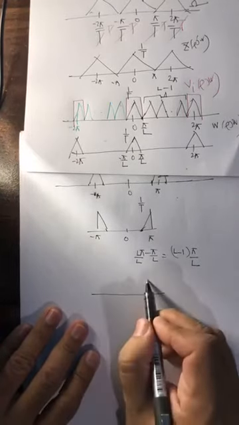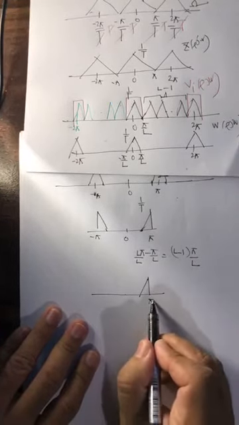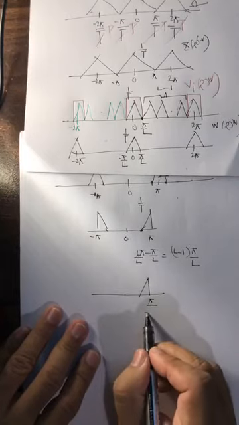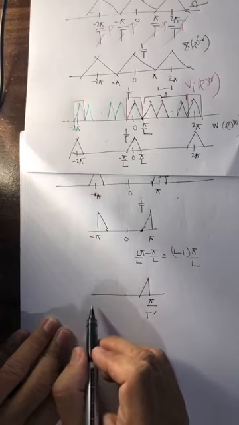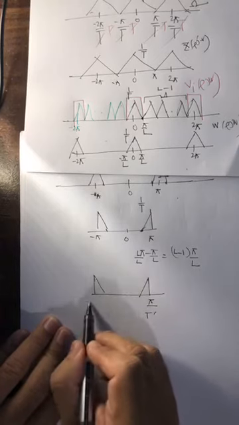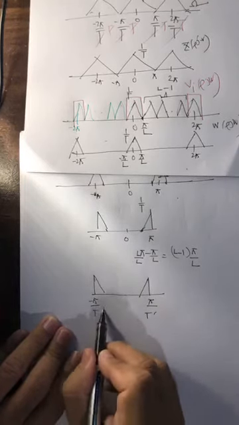The new spectrum will look like this: pi by T dash and minus pi by T dash.